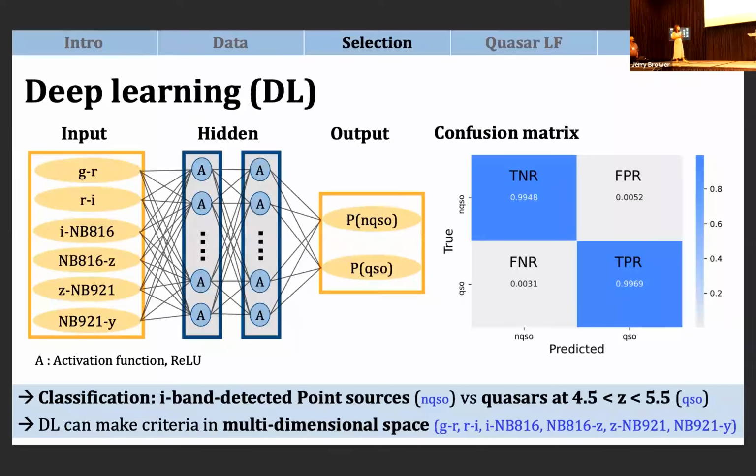So we used quasar SED models averaged between redshift 4.5 and 5.5 as our quasar training sample, because there are few real quasars in our survey area. Right, and how many contaminants did you have in your training sample? So we used the same number of samples in the quasar class and non-quasar class, about 100,000 samples. Awesome, thank you.